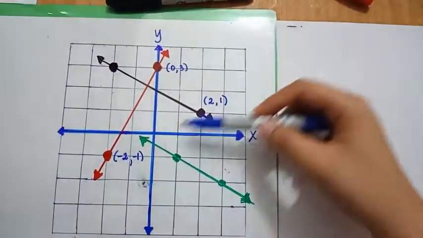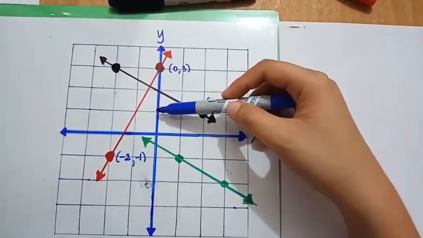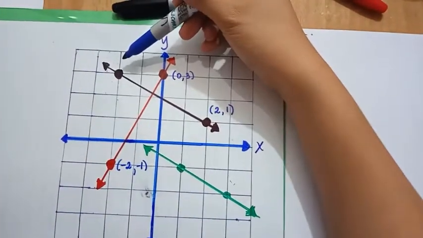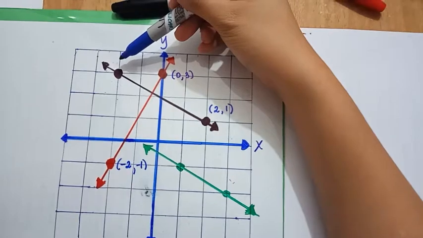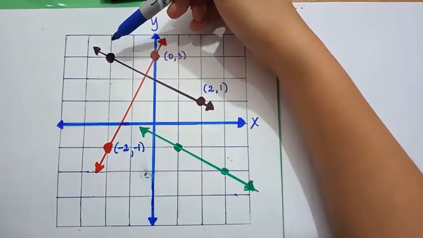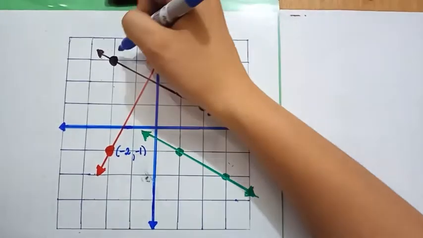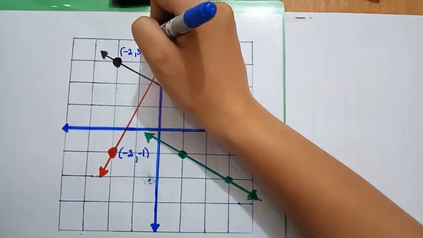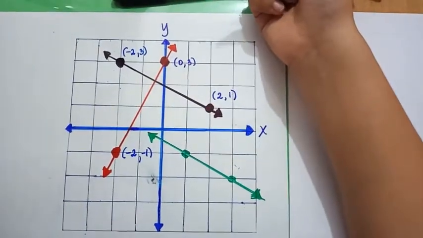Sa y-axis, nandun siya katapat ng positive 1. Kaya 2, 1. This point, ano naman ang kanyang coordinate kaya? So, if you answered negative 2, positive 3, then you are correct.